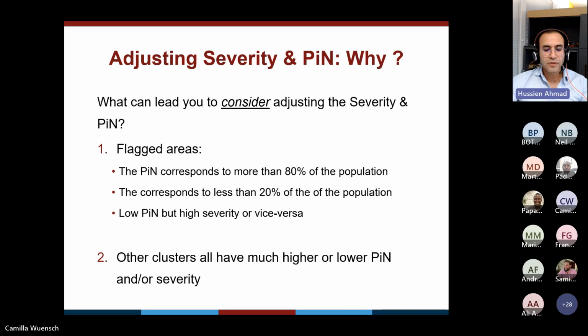For instance, if in one area the PIN figure is around 90% of the population, while all other clusters have the PIN figure at more or less 20% of the population, we are acting as an outlier as a cluster, and this will flag something for us, or trigger more in-depth analysis to see why the shelter situation is acting as an outlier.